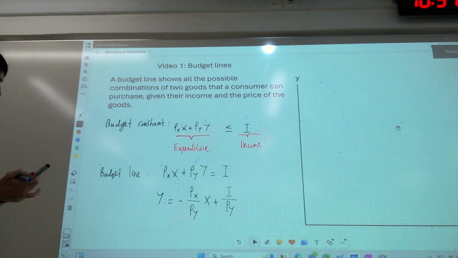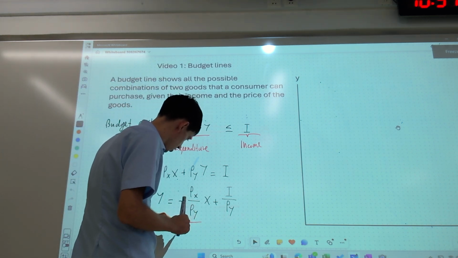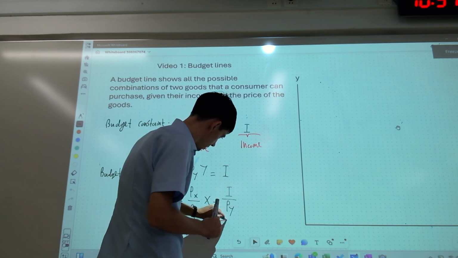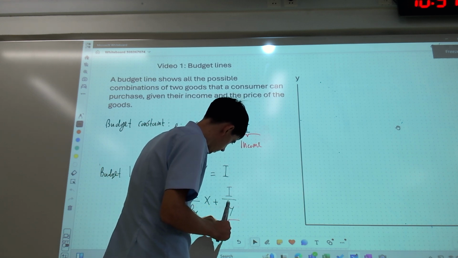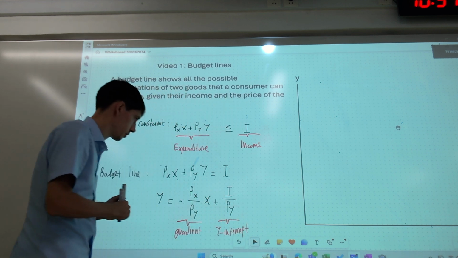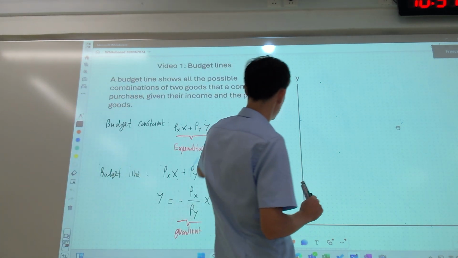So here, obviously, this is going to be the gradient. This is going to be the y-intercept. And then we can simply draw this budget line.